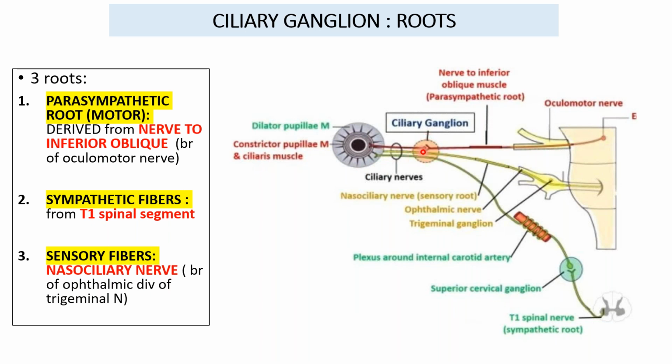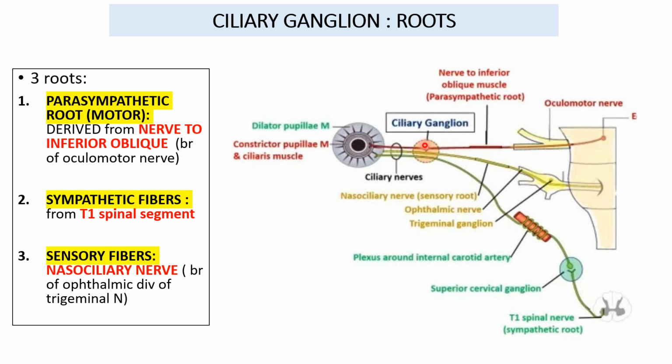Remember, the first parasympathetic root is derived from the nerve to inferior oblique, which is a branch of the oculomotor nerve. This is the Edinger-Westphal nucleus, which is at the level of the midbrain. From the Edinger-Westphal nucleus, the fibers reach the oculomotor nerve, and from the oculomotor nerve, which branch? The nerve to inferior oblique.